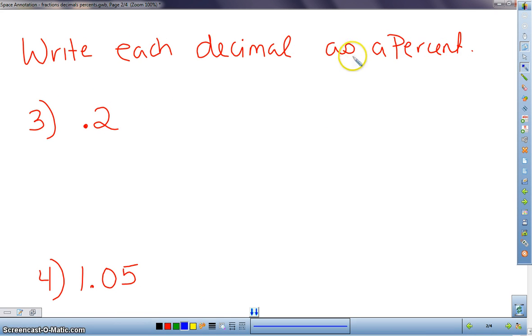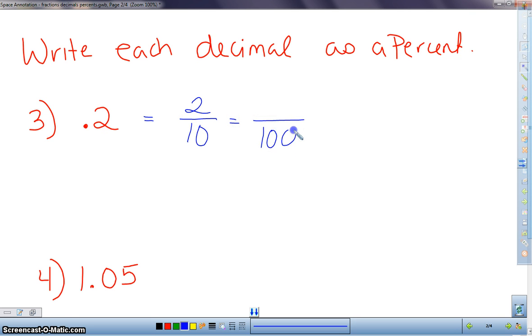When I go from a decimal to a percent, it's the same type of thing. So I'm going to have 0.2, or 2/10, and I want to write it as a percent. Now there's a couple ways you could do this. You can write it as 2/10, and then because I know a fraction has to be out of 100 to be compared to a percent, I can multiply these both by 10 to get 20 hundredths.